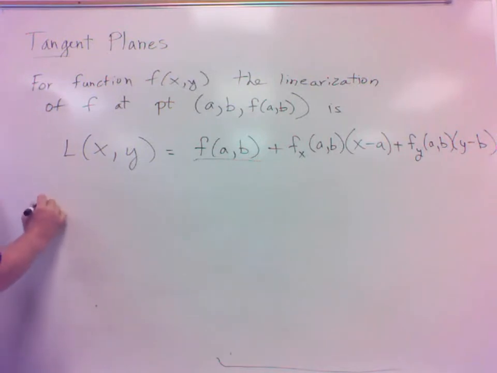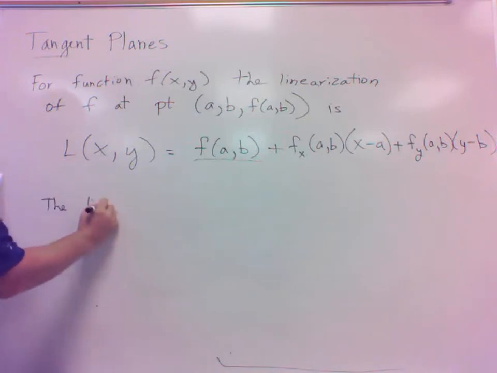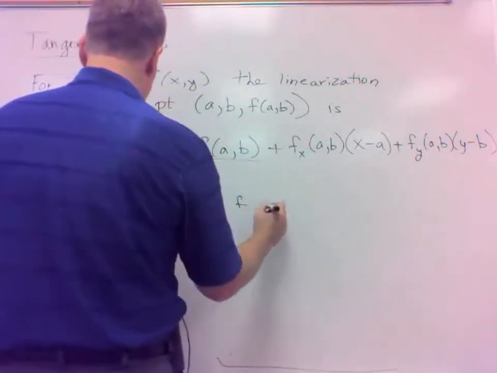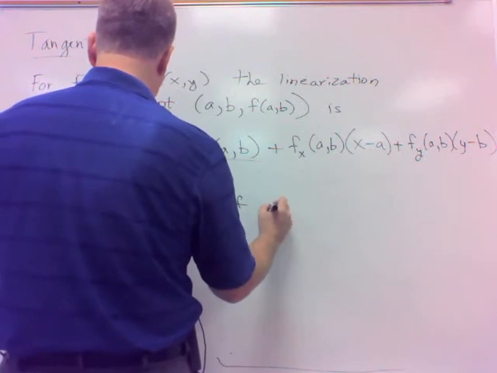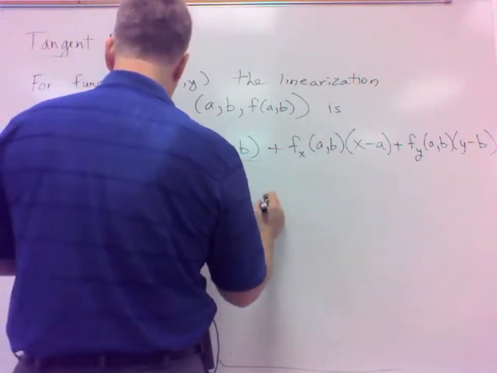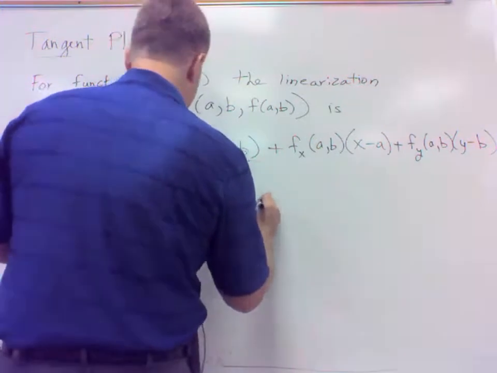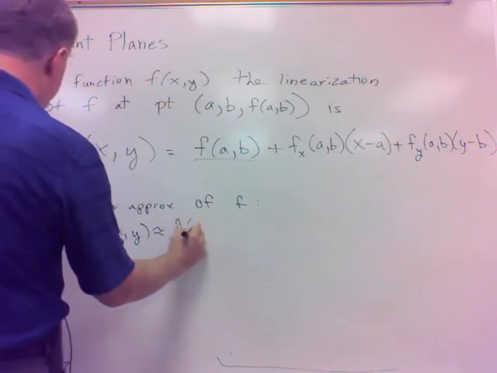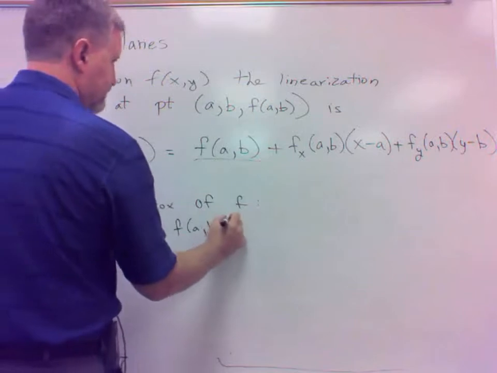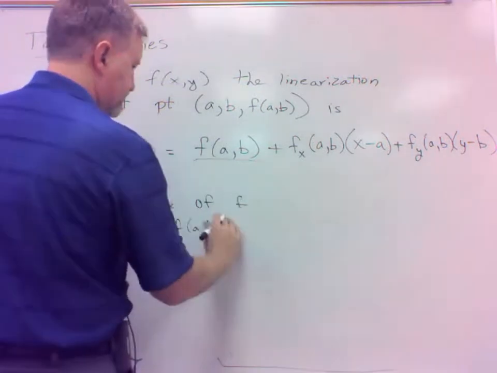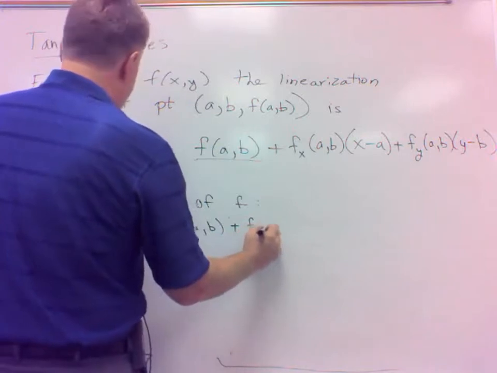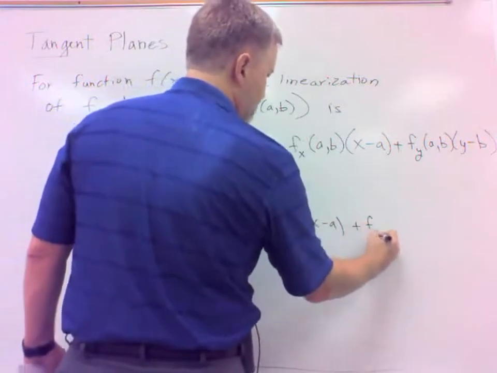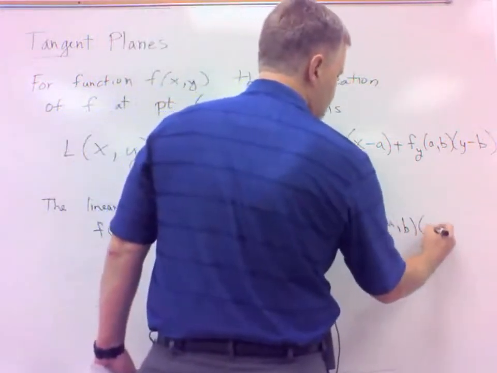The linear approximation of f at (a, b) is this: f(x, y) is approximately equal to f(a, b) plus f_x(a, b) times (x minus a) plus f_y(a, b) times (y minus b). Okay?